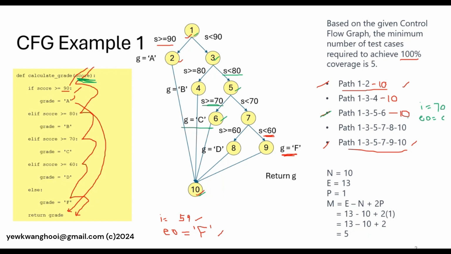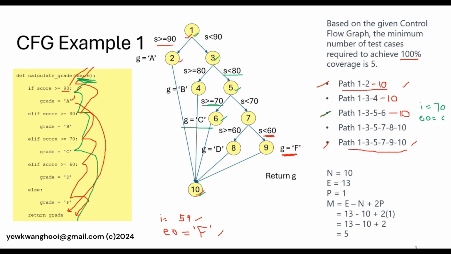So when I want to test 1, 3, 5, 6, I make sure it goes to 1, 3, 5, 6, then to 10. So I must use input 70. When I put 70, automatically it will jump to here. No. No. Yes. Assign.